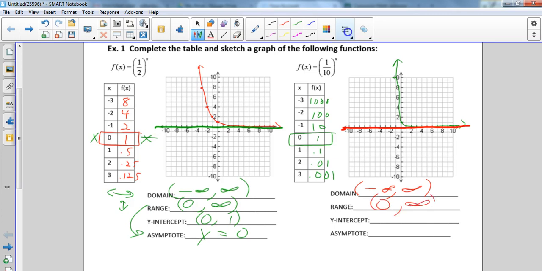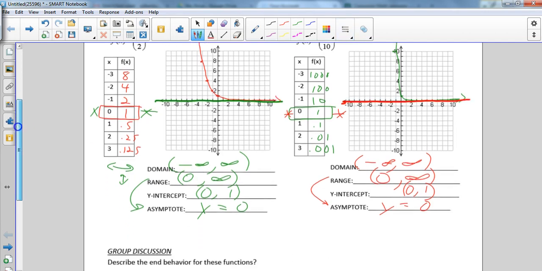And it's going up towards positive infinity forever. Which leads us to our asymptote. Where's that horizontal line? Where's the force field? At 0. And the y-intercept actually is the same one. 0, 1. So very similar to what we did in 4.1, just going a different direction.